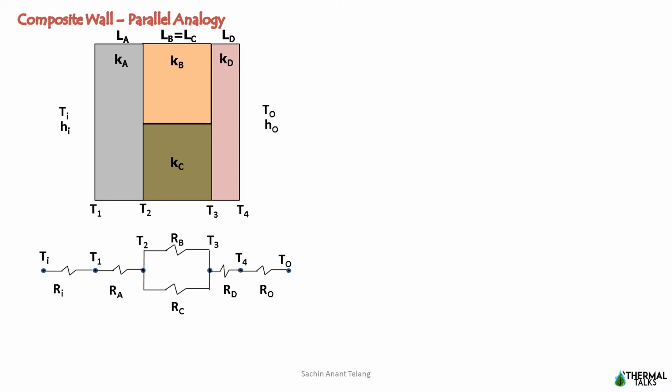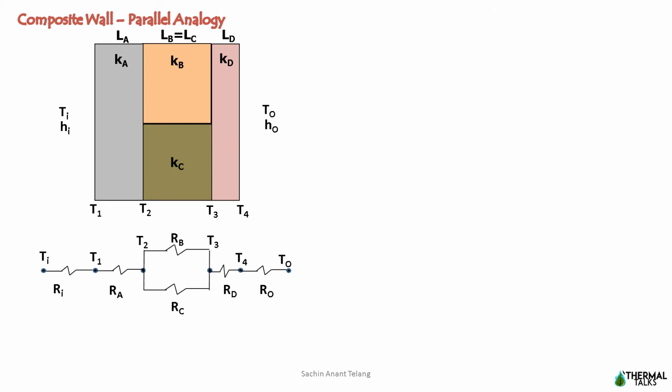Now if you observe carefully, the temperature T2 is the outside temperature of wall A, which means wall A offers heat at temperature T2 to wall B and C parallelly. But wall B and C will not offer the same temperature T3 at the wall D junction, as both wall B and C have different thermal conductivities.